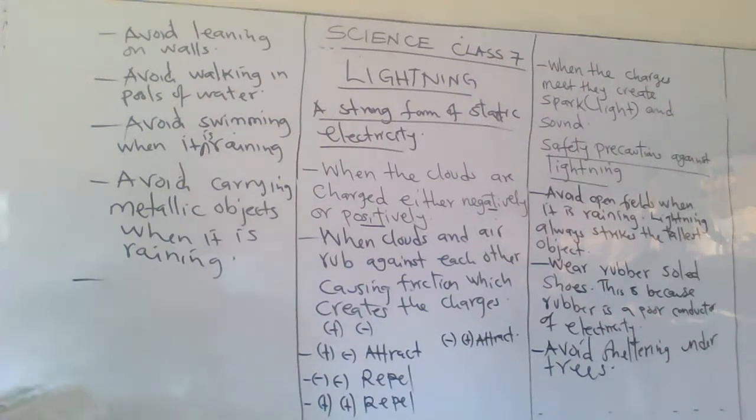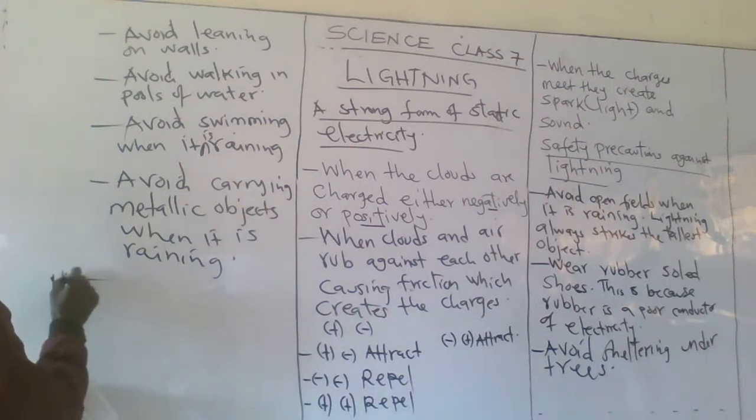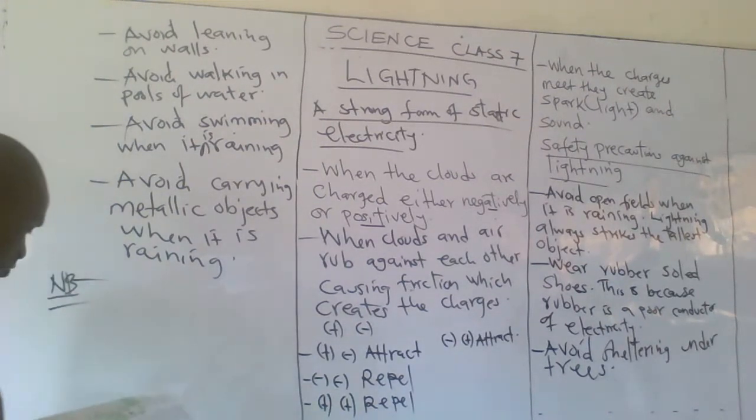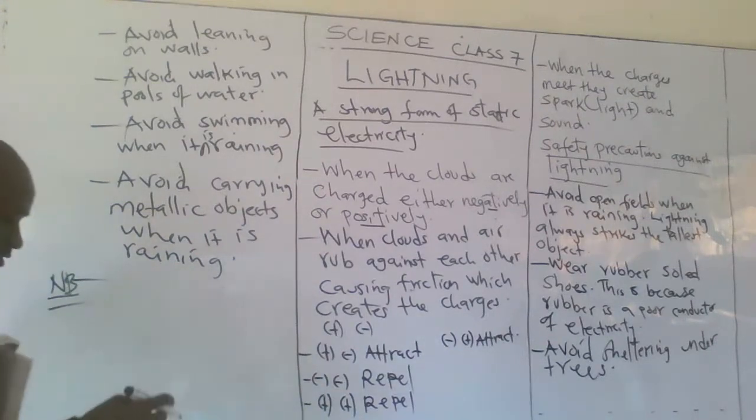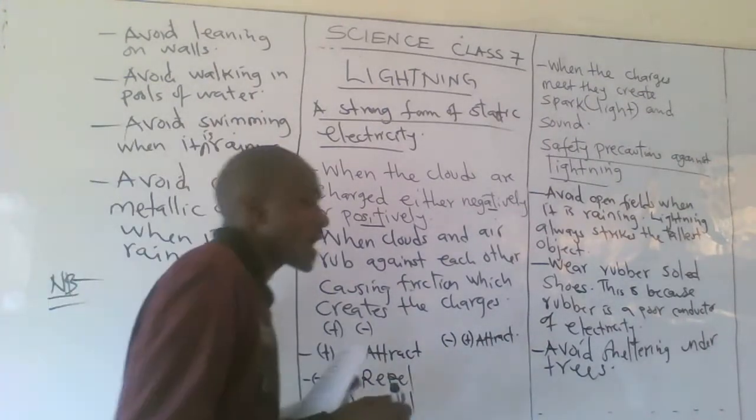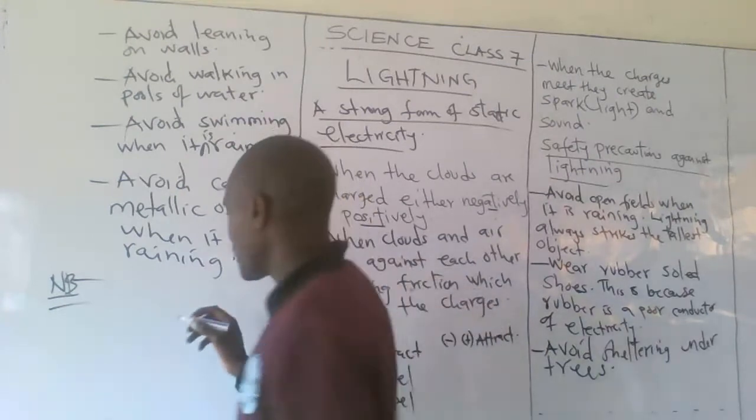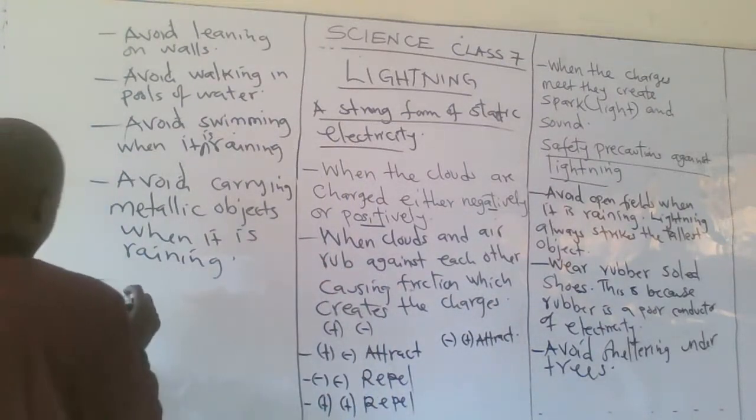Now the best one is this one, which should be done by everyone at home. We have something called a lightning arrester. So we can install lightning arresters, or conductors, at our homes.